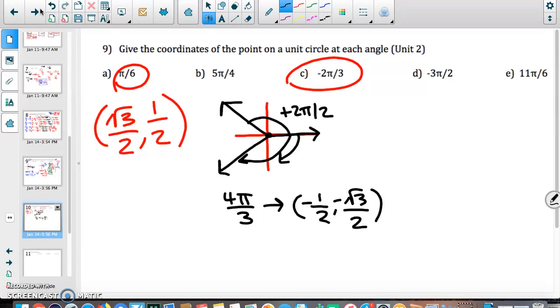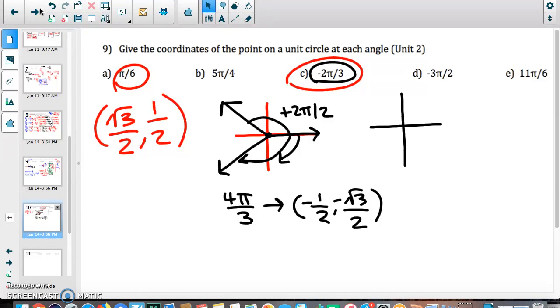So the important thing to remember about a negative angle is that I go the other way around my unit circle. So let's do another one here. Negative 3 pi over 2. Okay, well, a positive 3 pi over 2 would get me here, correct? That would be a positive. So the negative is the same distance around, but I go in reverse.